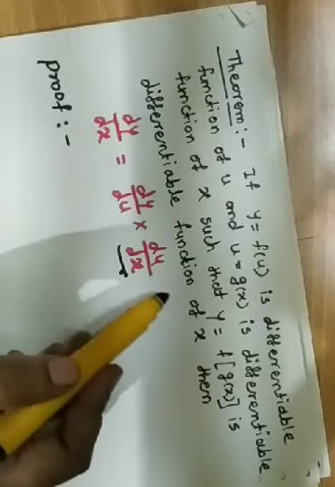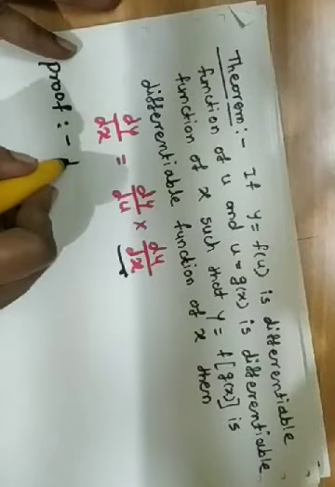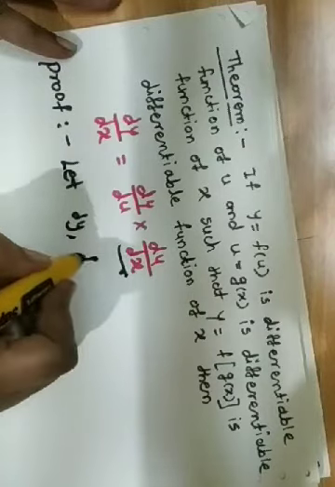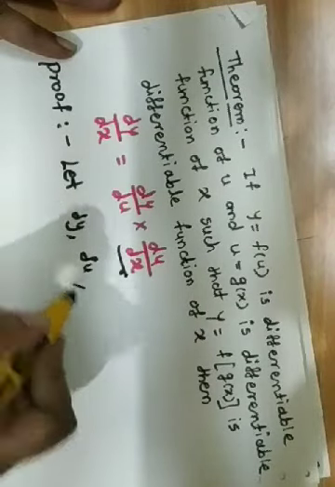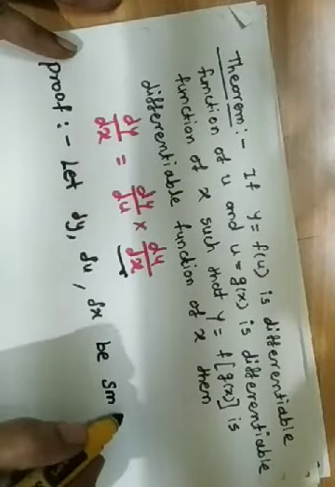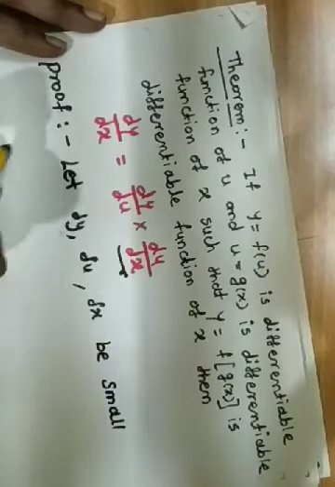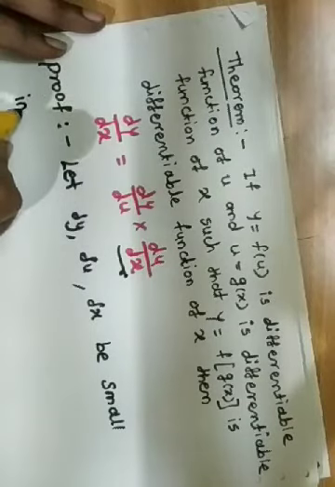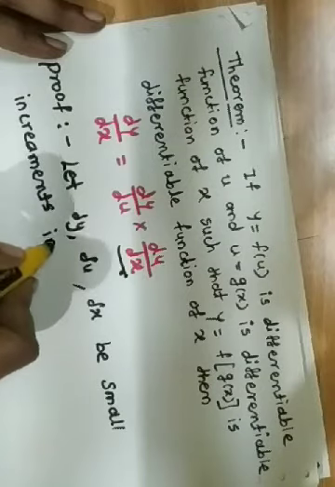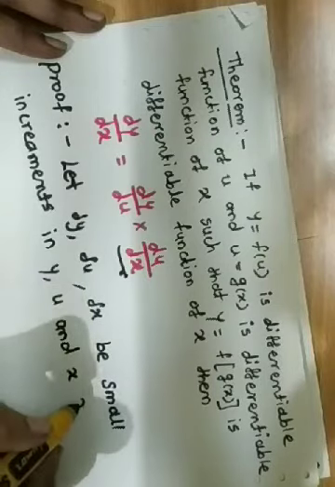There are a total of 3 variables, and it can be written as: let delta y, delta u and delta x be small increments in y, u and x respectively.